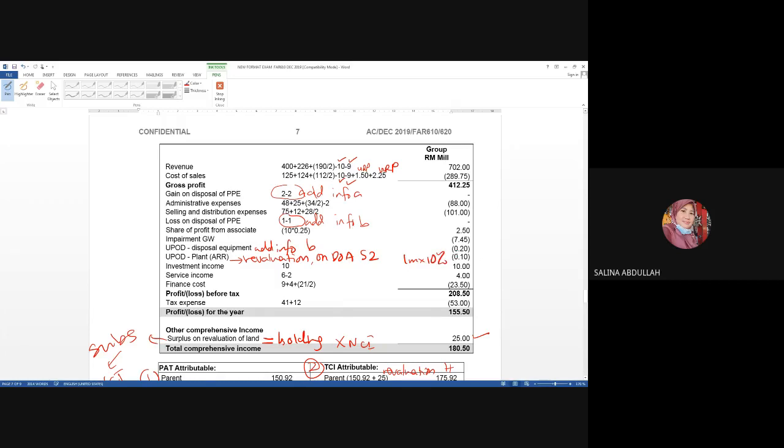What you can do, you can deduct from here, or you can add back, from selling and distribution expense or admin expenses.